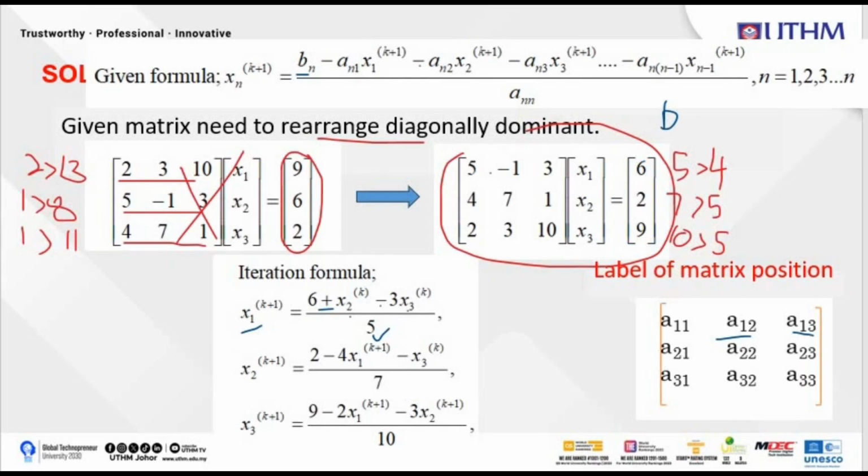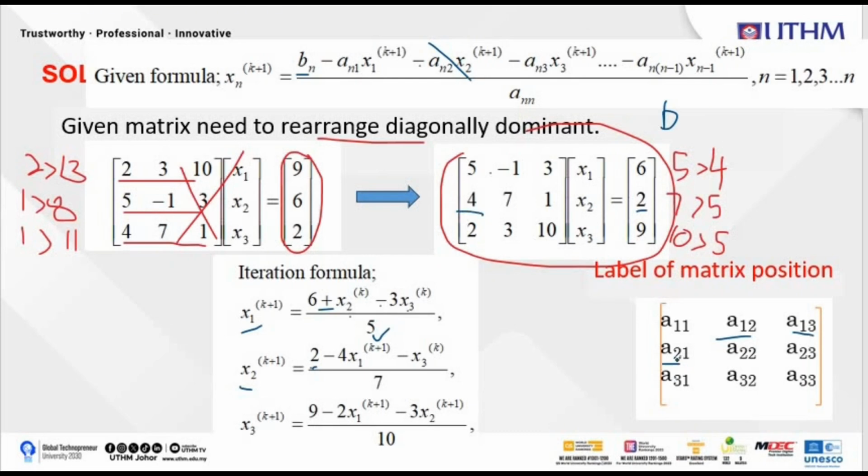And then look at the next one, x2. If you refer here, this is b. b refers to the second row, so this one is 2. So we start with 2. And then this one is x2, so we refer to the formula; this one is x2, so we neglect this one. Look at here, a21, which is 4.